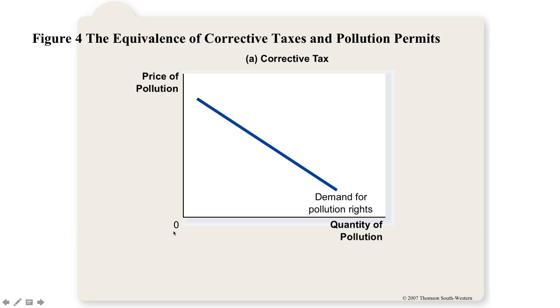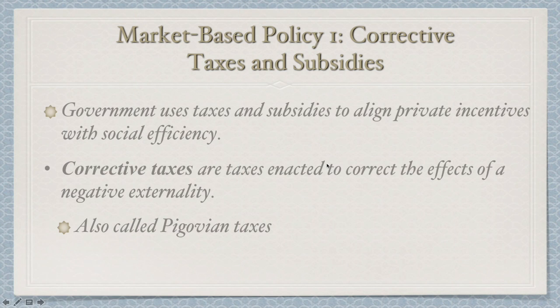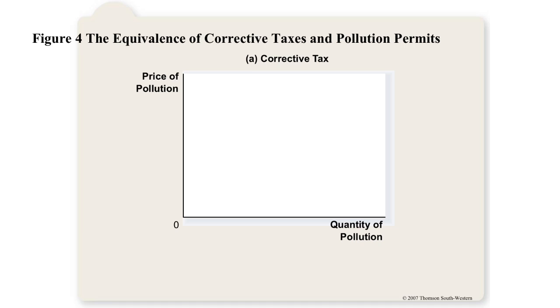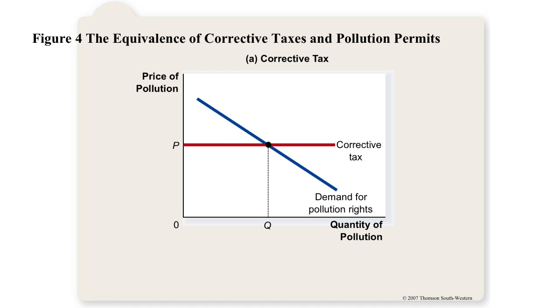Now, a corrective tax is going to look like this. So here we have our demand for pollution. There's our tax. Wherever the tax and the demand intersect, that's going to be our quantity of pollution. Now, environmentalists sometimes worry about corrective taxes because if the demand for the product increases, what's going to happen is the quantity of pollution emitted is going to increase, right?